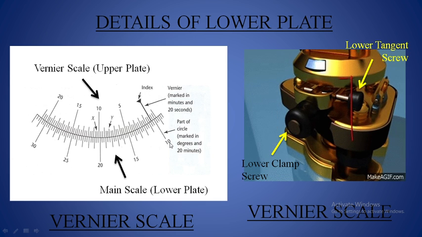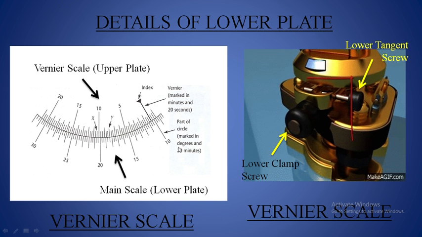Directly after 10 it is numbered as 15. So for every 5 degrees it is numbered. The below part is known as the main scale.